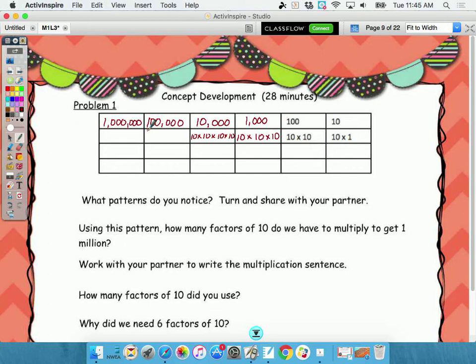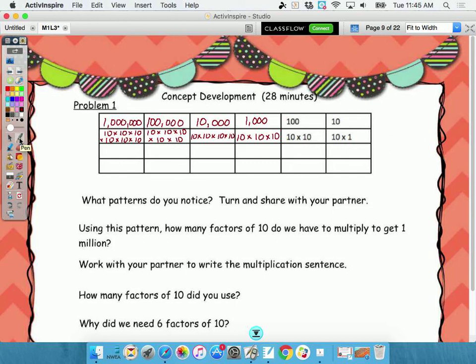So I'm going to go 3 on top and 2 on the bottom. As long as you can read it, I don't care. And how many tens will I need for 1 million? 6 tens. So how about 3 and 3? Okay, put your pencil down when you get that much done.